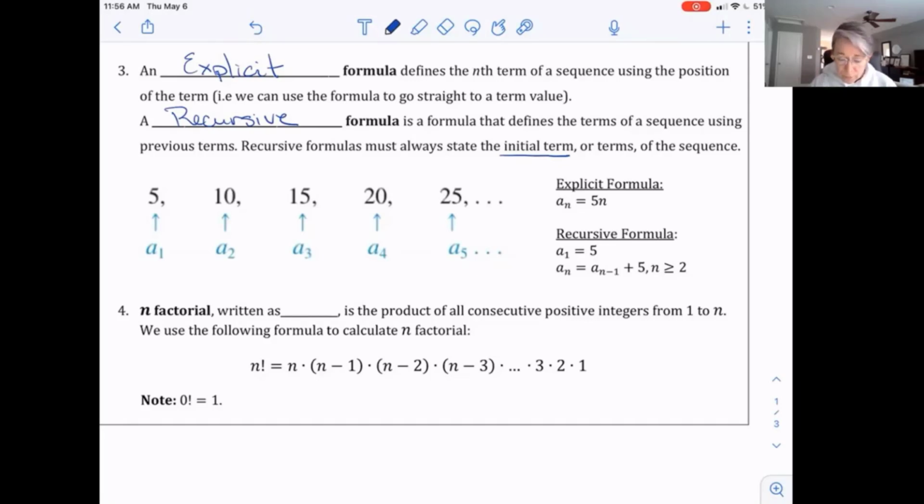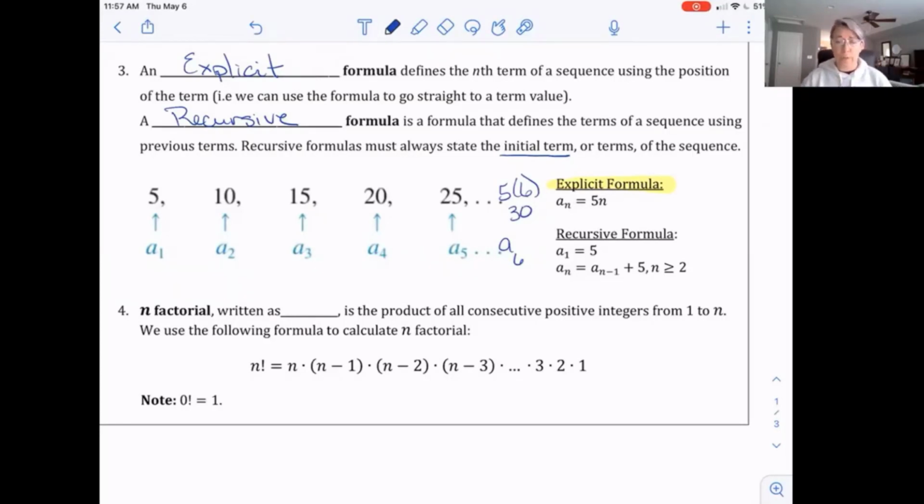So the explicit formula is that any nth term is 5 times n. Notice the third term, 15, is 5 times 3. The 5th term is 5 times 5. That means the 6th term would be 5 times 6, or 30. So we can go all the way out to the 100th term. We know automatically the 100th term would be 500.